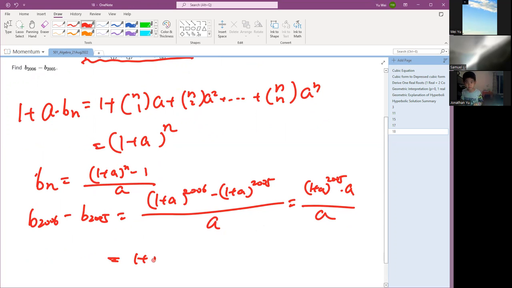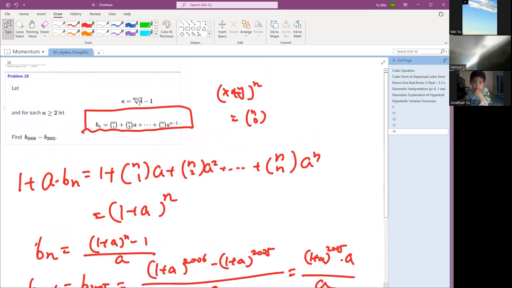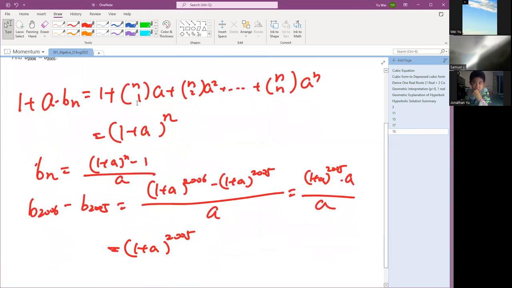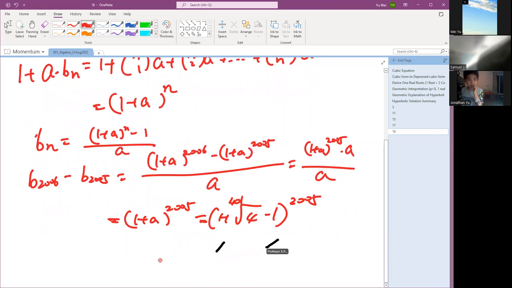It is equal to (1 plus A) to the 2005. What is A? A is this, right? Replace A in it. Is that equal to 4 to the 5, 2 to the 10?